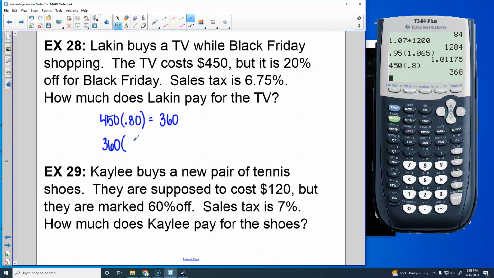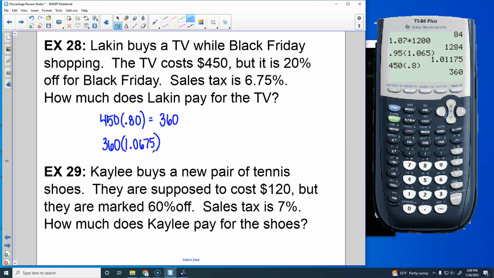What is it? Is sales tax taken away from or added to? Added to. So it's 100% plus the 6.75. So we'll do 1.0675.